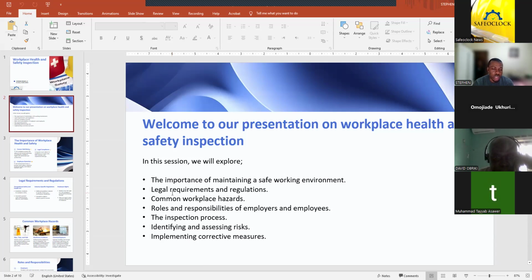We'll also look at the roles and responsibility of both employers and employees, the inspection processes, how we could identify and assess risks, and also talk about implementing corrective action.